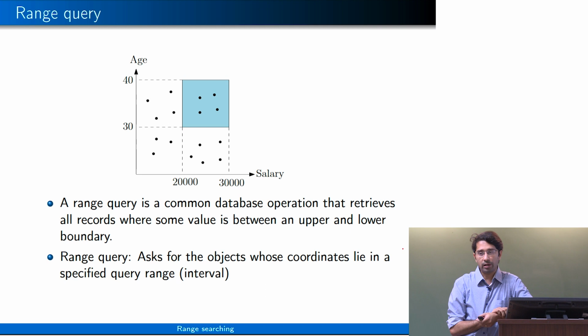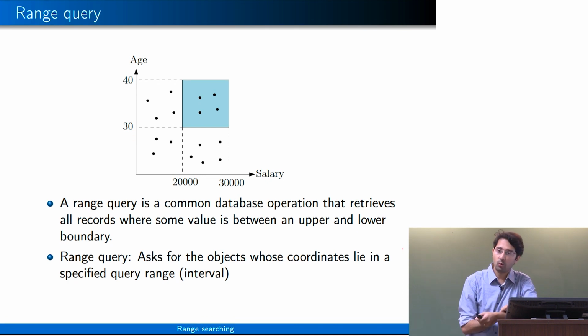Now, what you want to do is to look for the set of employees whose salary and age belong to a range. For example, here we are looking for the set of all employees whose salary is between 20,000 and 30,000 and age is between 30 and 40.